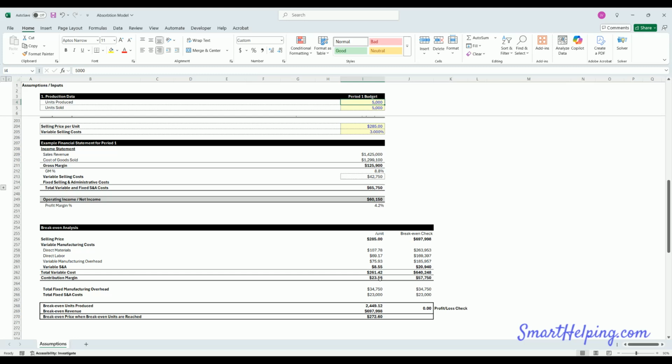My cost, based on my cost per unit, I have to sell 2,449 to break even, and that's what this is saying. Because this is my cost per unit, or my selling price. These are all my costs, and this is proving that that does break even if you produce this many units. So I could go here, put that in, put it into this, and this goes to 0, matches up with what this was.